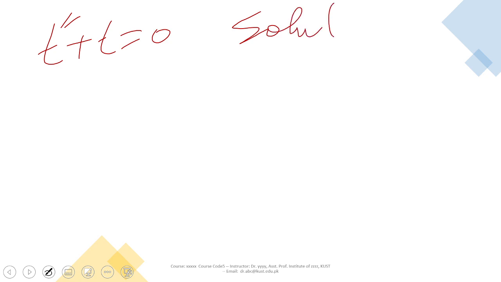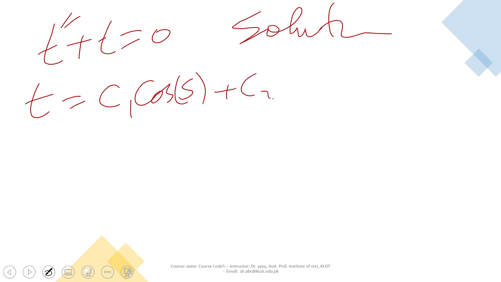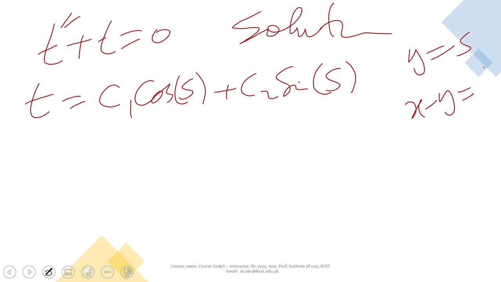The solution is t is equal to c1 cos s plus c2 sin s, and y is equal to s, and x minus y is equal to t.